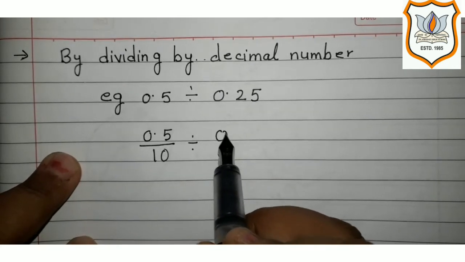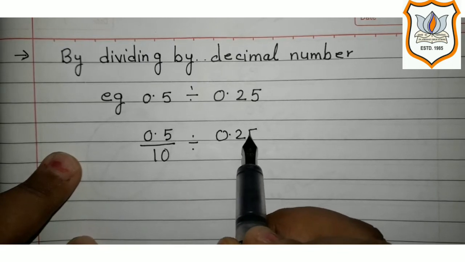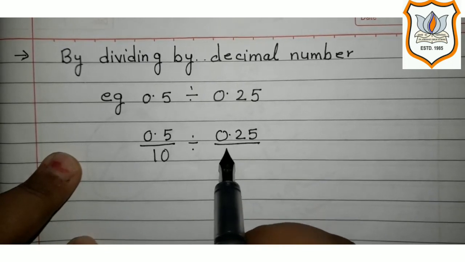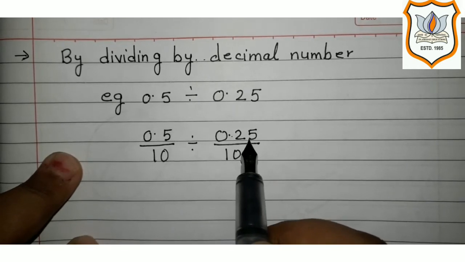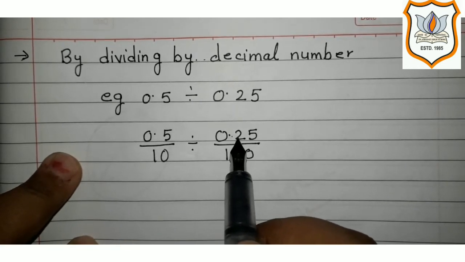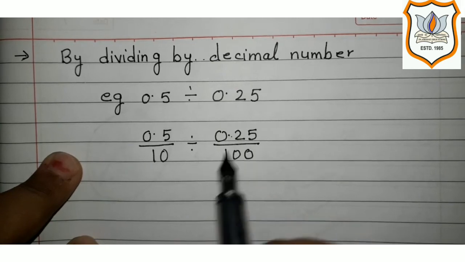Now we will remove the decimal of 0.25 by putting 100 as a denominator because there are 2 digits after the decimal, that is 2 and 5.